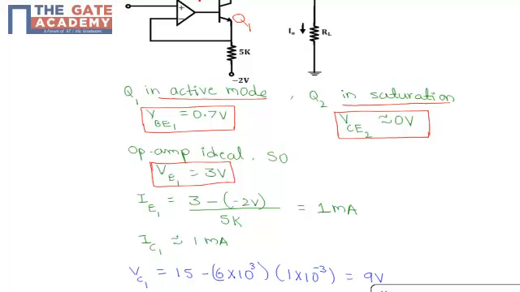The 5K resistance is connected to the emitter terminal of transistor 1. So divided by 5K, if you calculate these values, we get 1 milliamp. The emitter current is equivalent to the collector current. So IC1 is nearly equal to 1 milliamp.